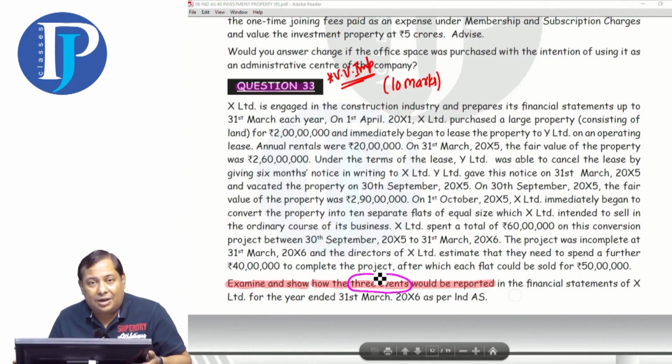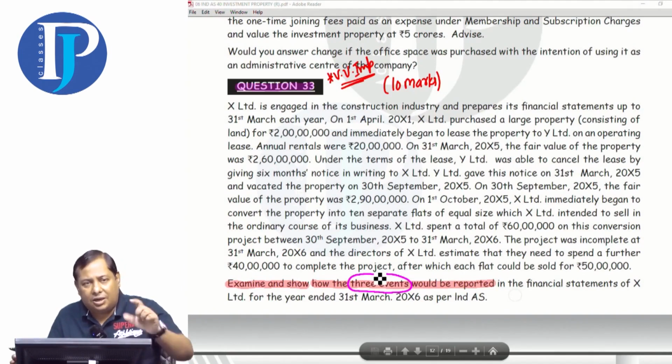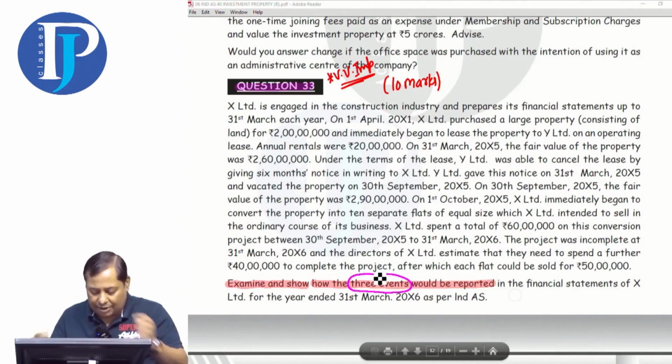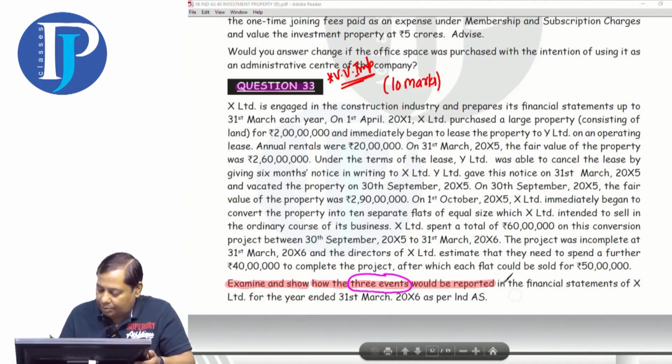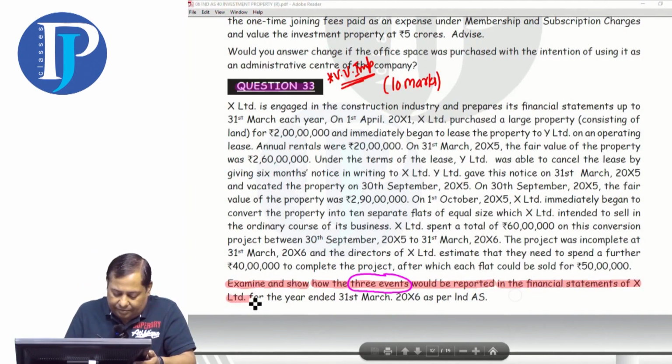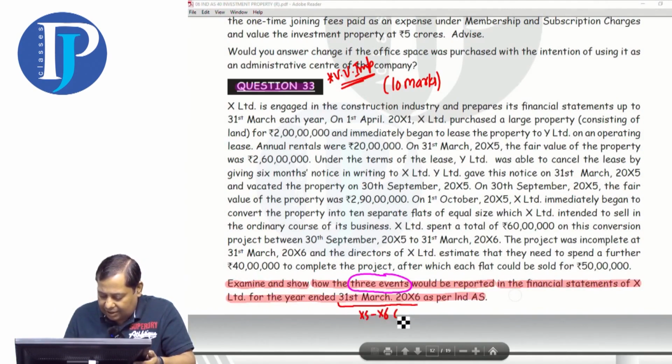So your answer will be on 3 different events. There must be some information in the question, right? If the event changes, we will change our answer. The 3 events would be reported in the financial statements of X Limited for the year ended March X6. March X6 means our current year is running as X5 and X6. This is the current year on which you need to report. Very good.